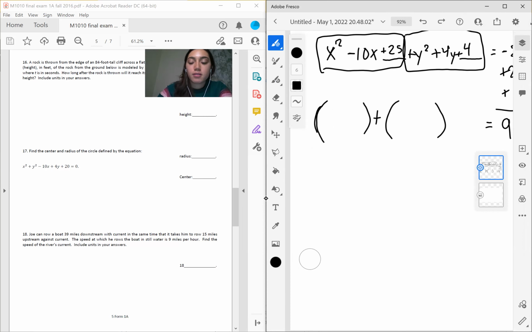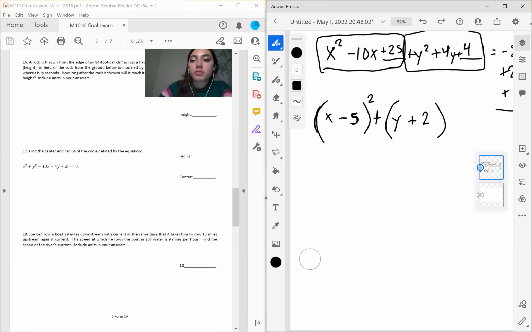All right. So x and y. And then our term here that we're going to use is half of b before it was squared, because then we square everything on the outside to make it that perfect square. All right, and then that would be plus 2 equals 9.